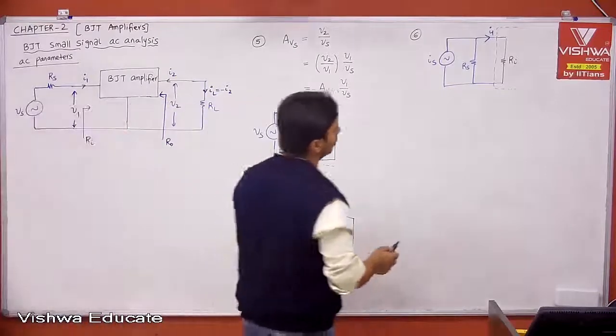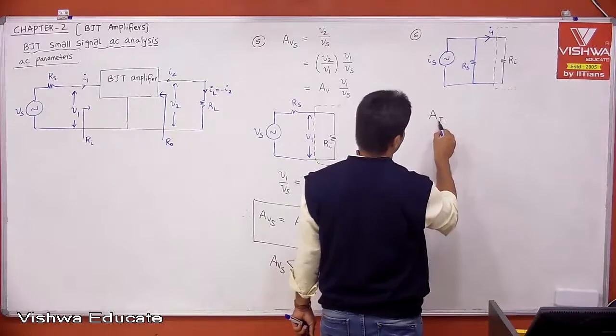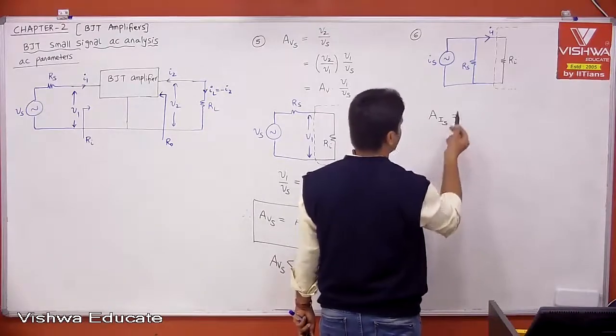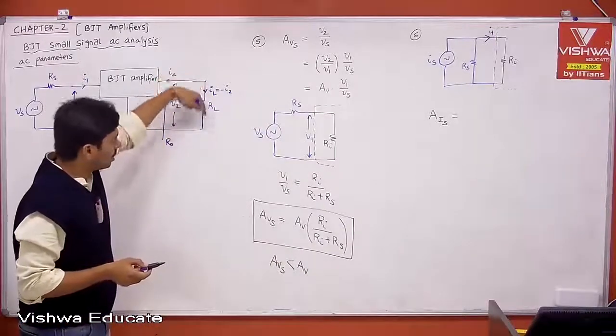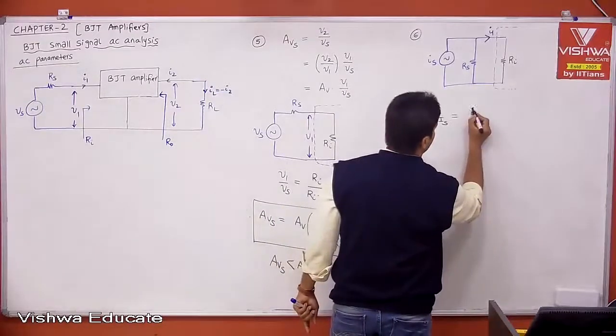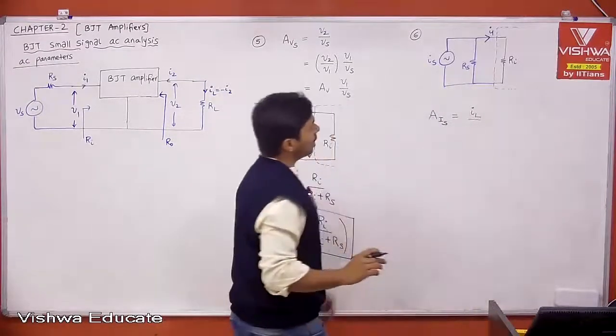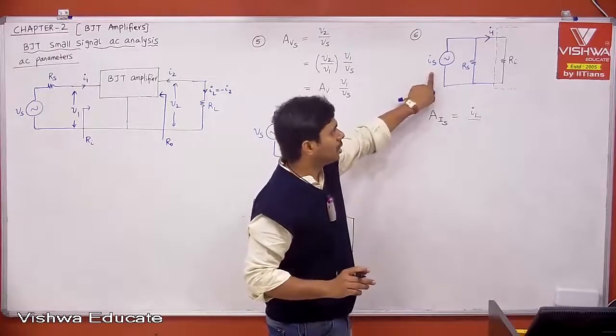Now, if you ask me the definition of current gain including source resistance, that is nothing but AIS is equal to the current which is entering into the load, with respect to load I am speaking, that is IL, divided by the current which you are getting from the practical current source, not I1.